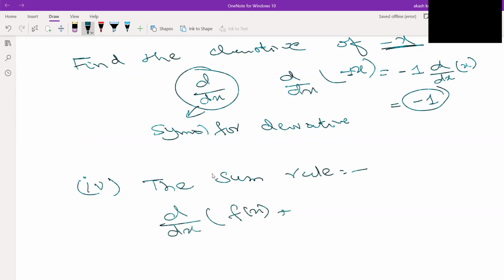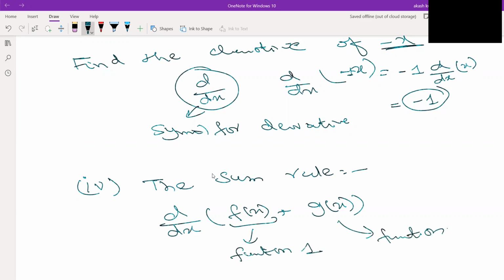F of x is function number 1, and g of x is function number 2.